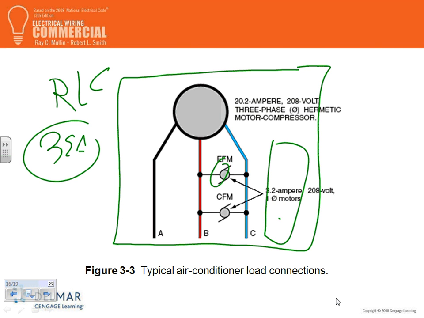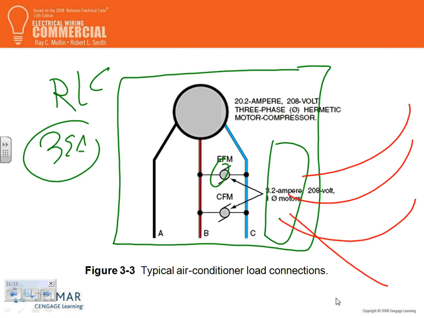Everything internally is wired for them. All they do is bring the external control wires and tie them into predetermined termination blocks inside. They're not going to go rewire. Everything is wired inside.